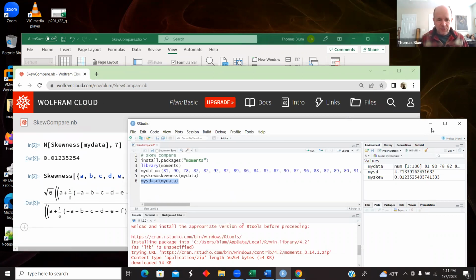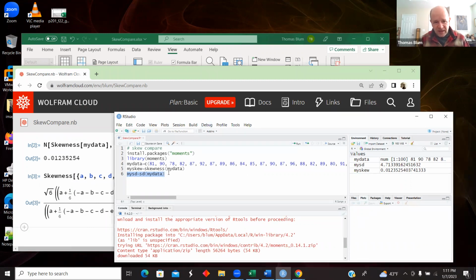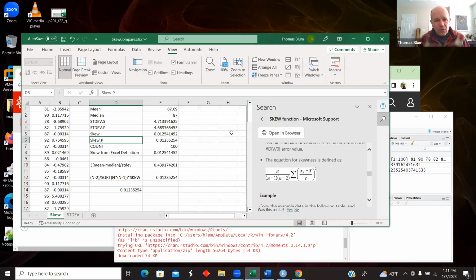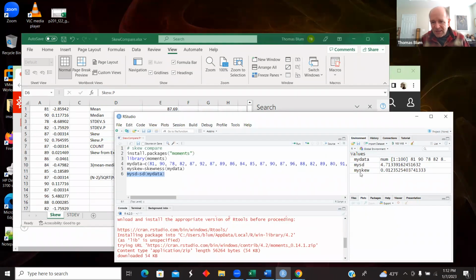And I also did it over in R. I had to bring in a package, a library, moments, and then this is the same data again, and I calculated its skewness. And here is my skew, 0.235.